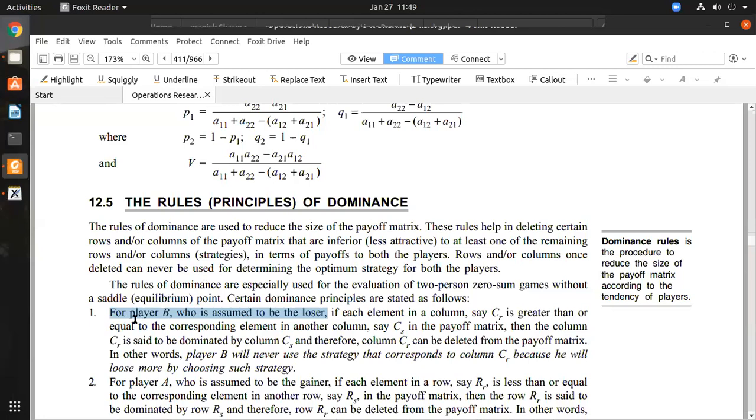So here he has written: for player B, who is assumed to be the loser, if each element in the column, say CR, is greater than or equal to the corresponding element in the column, say CS, in the payoff matrix, then the column CR is said to be dominated by CS and therefore CR can be deleted.